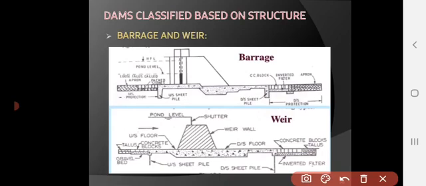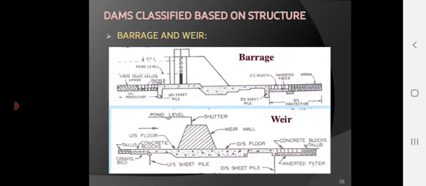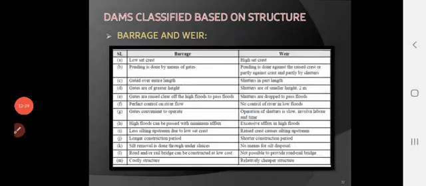These are the provisions for construction: this is the concrete slab constructed for stability of this small structure, and for protection of the concrete slab, we have to provide protection works like rock filling, etc., right? Let's see the difference between weir and barrage.